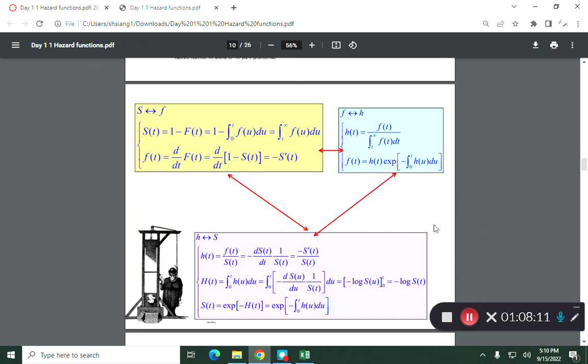Okay, finally, I'm going to talk about the PDF and the hazard function. Remember, h(t) is what? It is the f(t) over the survival. Okay?